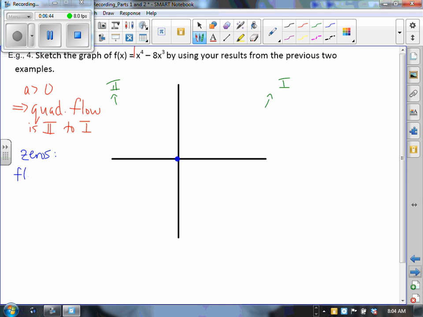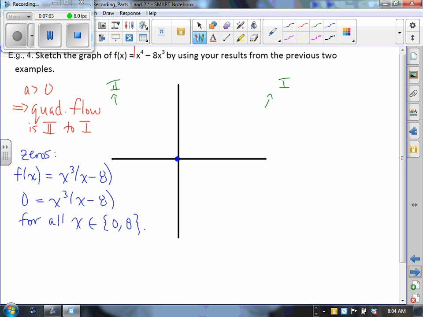If we take the function f at x and factor out an x cubed, what we would see is that 0 equals that for all x belonging to the set of 0 and 8. So 8 is also a zero. Let's just place that over there.